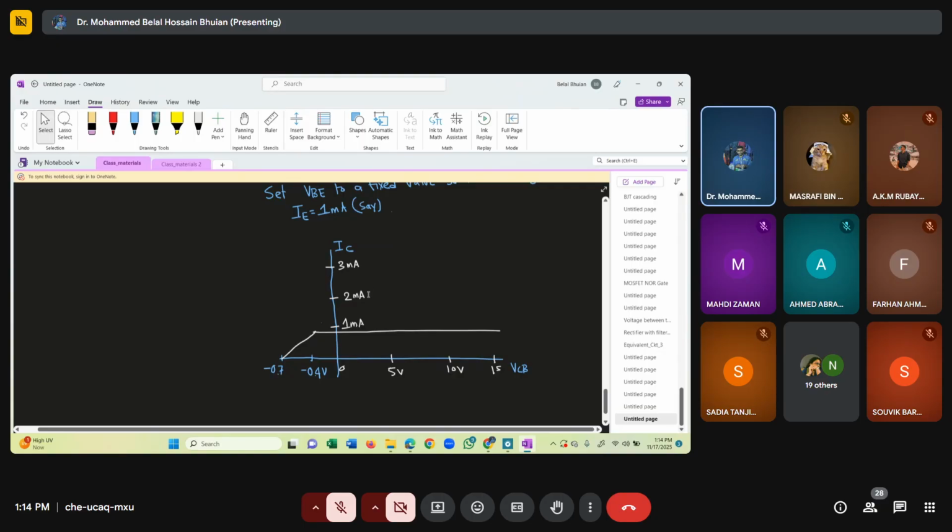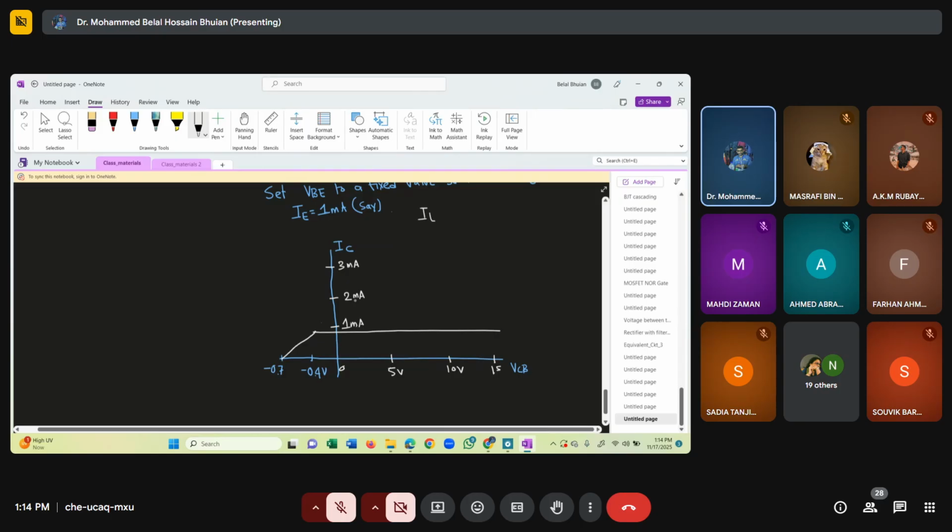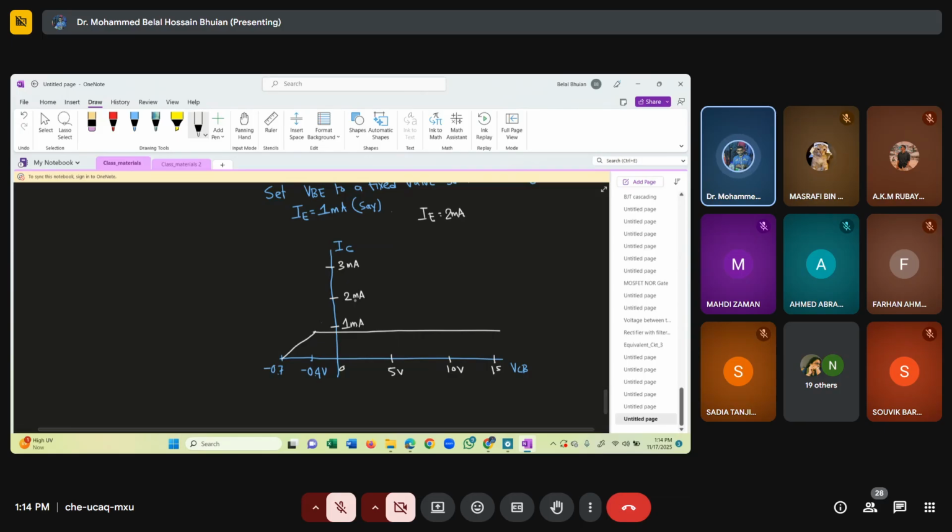So what I'm going to do is change IE to 2 milliampere. Let's say next I set IE equal to 2 milliampere, and we run the same experiment.